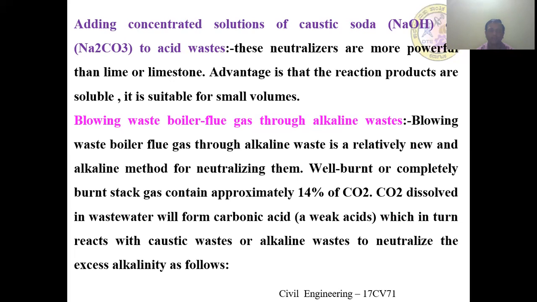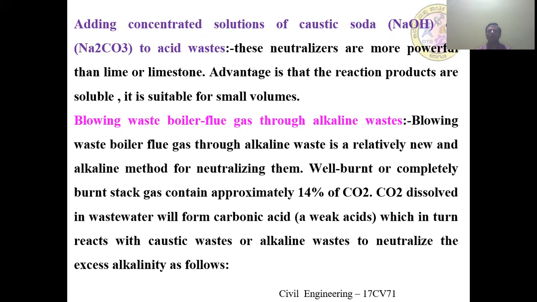Blowing waste boiler flue gas into alkaline waste is a relatively new method for neutralizing it. Right, in this method, carbon dioxide gas is passed, and it reacts to form a carbonic acid solution. Instead of caustic soda or lime slurry, here you are going to pass the gas.